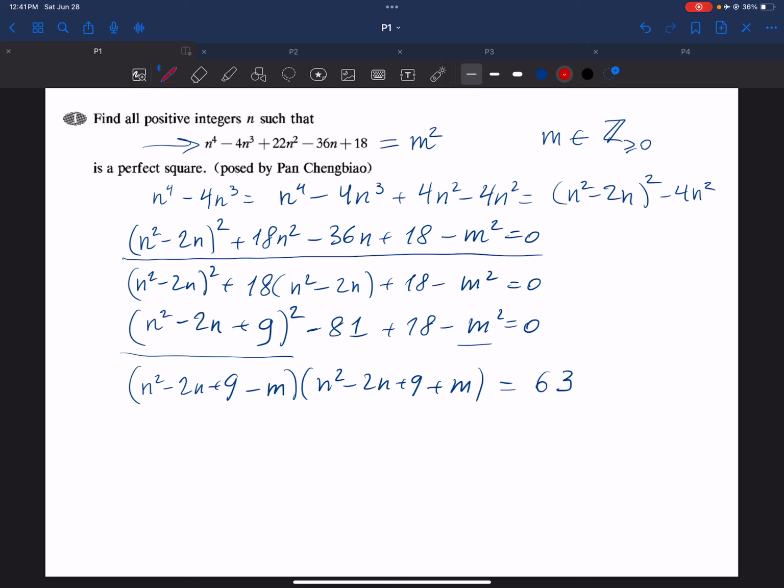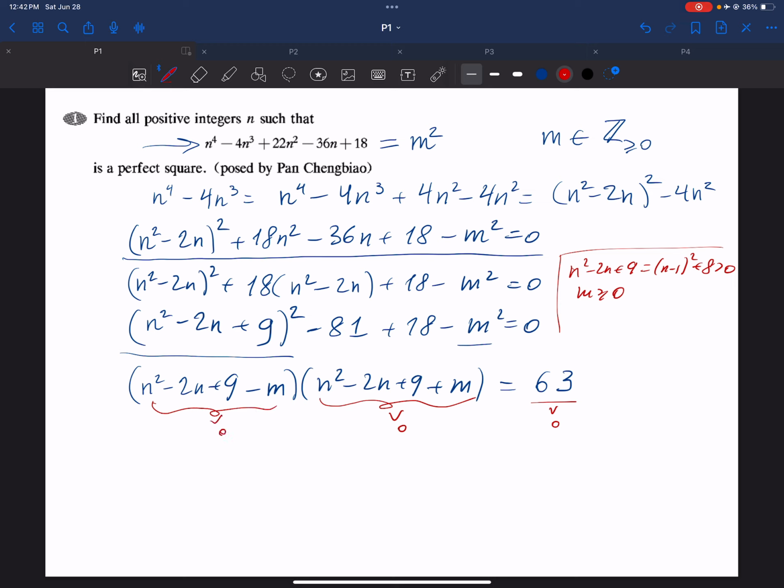Because, maybe I'll write it here in this little box, n squared minus 2n plus 9 equals n minus 1 squared plus 8, so it's strictly positive. Now we know that m is greater or equal than 0, so this whole thing is strictly positive. Therefore, because the product is 63, which is strictly positive, this is also must be strictly positive.